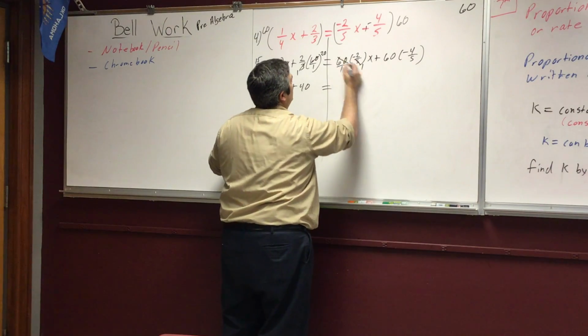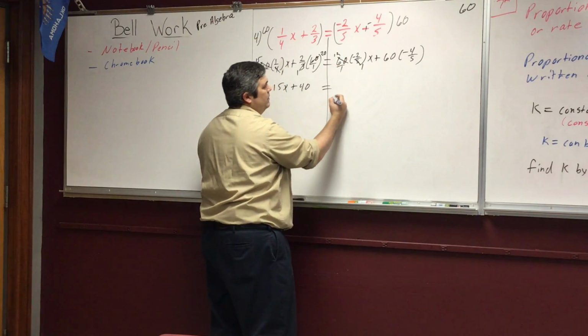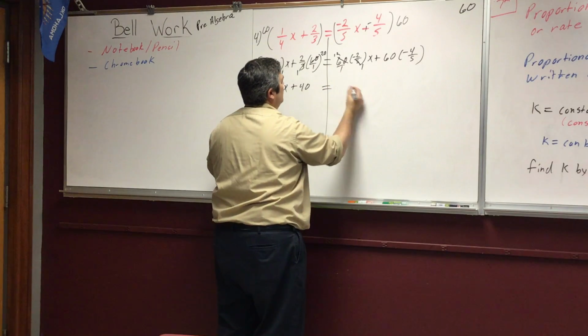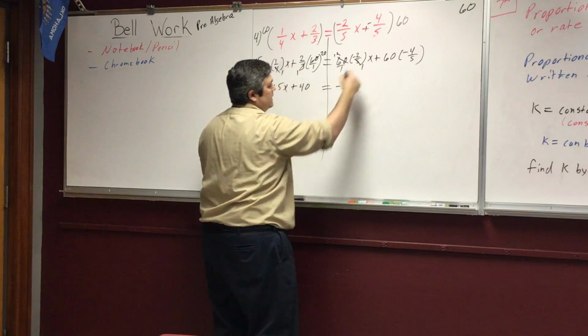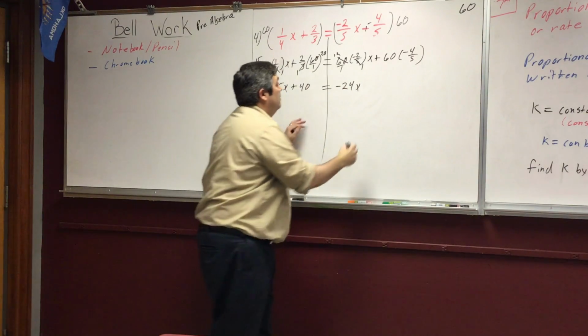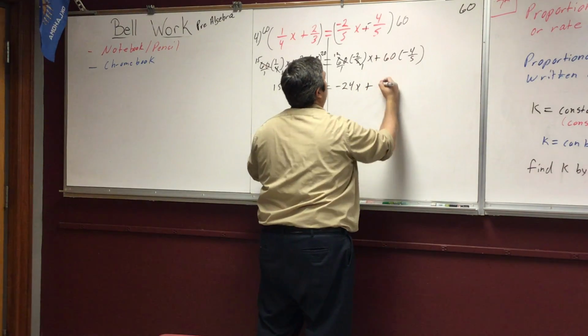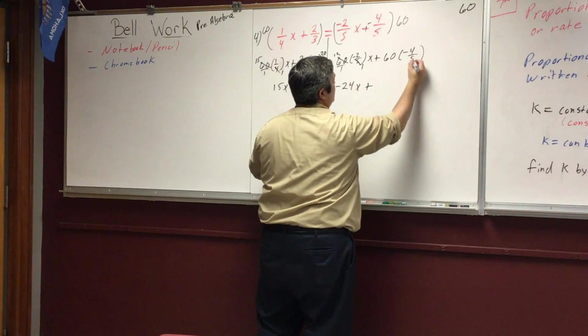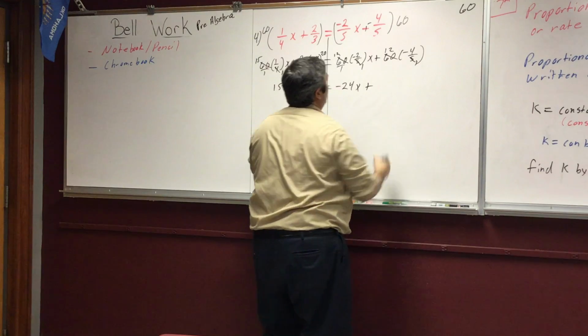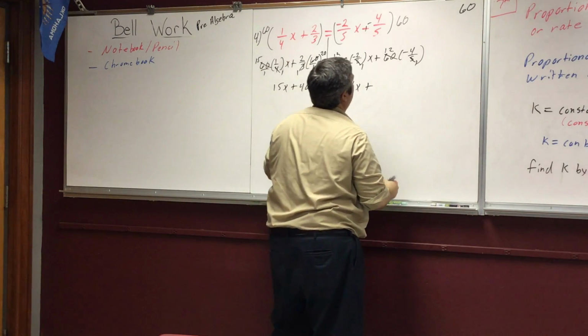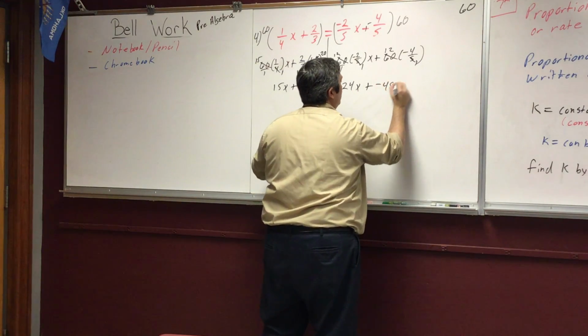Yeah, 12. So this becomes 12, okay? And 12 times -2 is -24 times x, okay? Plus, and now we know what we're doing here because we just did that. Becomes 1, becomes 12. And 12 times 4 should be 48, -48.